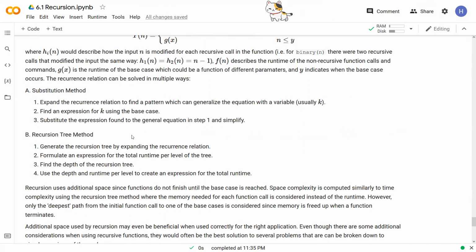Then next sa recursion tree method, para siyang sa substitution method, pero yung pag-expand natin, hindi tayo nagsistick sa equation. We put them on a tree. And ine-expand natin siya per level. Then, similar sa substitution, naghanap tayo ng general expression ng total runtime per level ng tree.